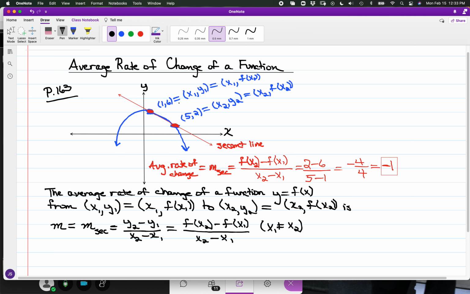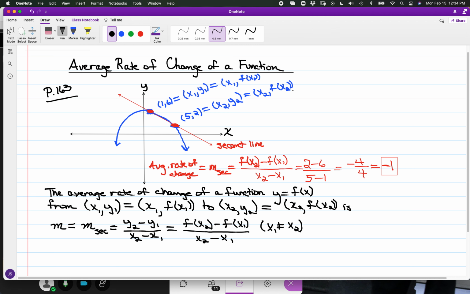In the case of the graph, we had the point (1, 6), which is (x1, y1), or could also be referred to as (x1, f of x1). For (5, 2), we have (x2, y2), and in functional terms, y2 is f of x2. So for the average rate of change between these two points, we have the slope of the secant line: the vertical change, f of x2 minus f of x1, all over x2 minus x1.